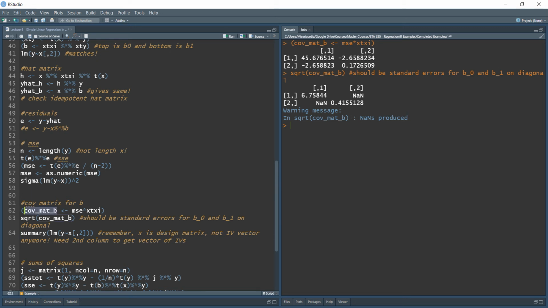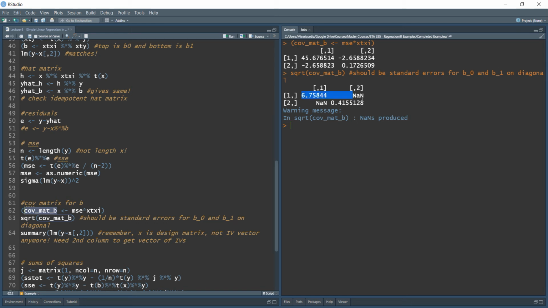Again, first of all, the covariance matrix that we talked about in class in the lectures is important because the square root of that covariance matrix tells me the standard errors of my betas. Now we can have a covariance matrix of anything. We can have a covariance matrix of raw data, etc. But the covariance matrix for my parameter estimates, the square root of that covariance matrix gives me the standard errors. Now what are the standard errors?